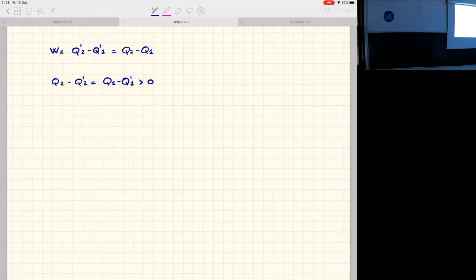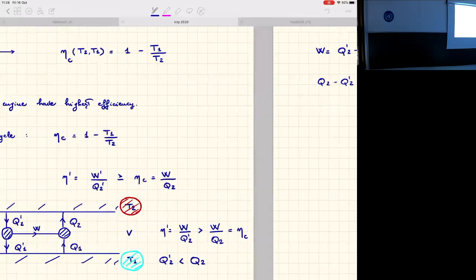No, it's actually the other way around, I apologize. Q2 minus Q prime 2 is equal to Q1 minus Q prime 1. That's correct. Now, what does it mean?